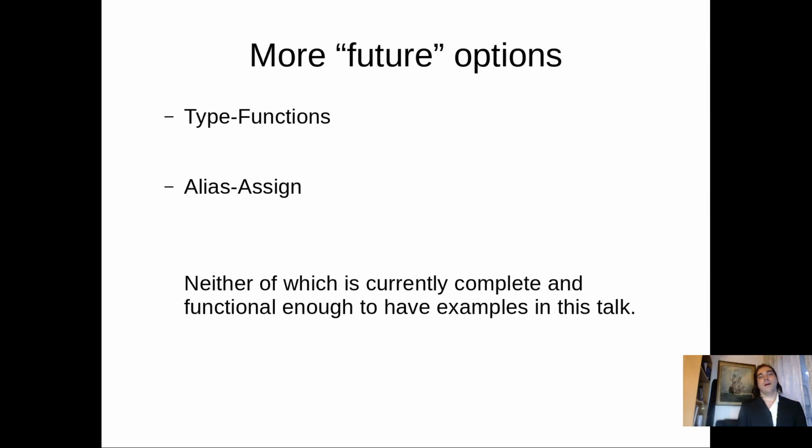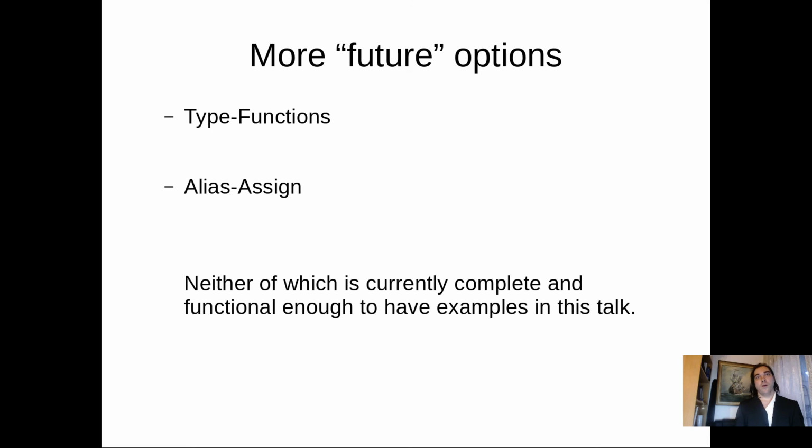And apart from the dot, we also have future options, and those are, for example, type functions or alias assignment. Unfortunately, those are not complete or functional enough that I would include them here because of the reproducibility aspect that I have for this talk.